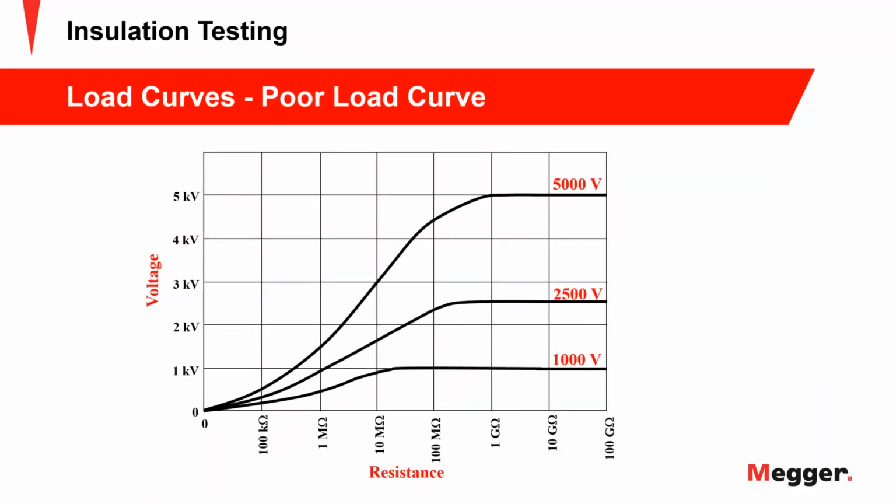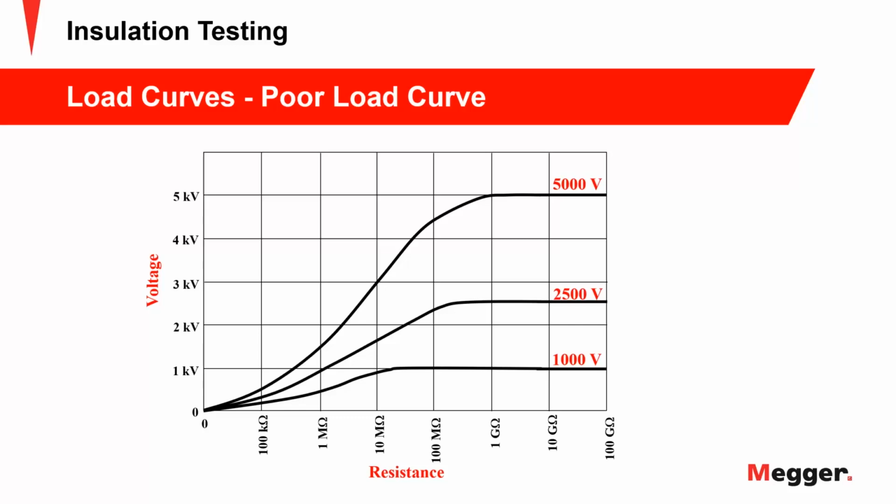This is poorly designed equipment where your voltage rise is not sharp. It's just a very slow voltage rise. So, okay, yeah, eventually it gets to 5,000 volts, so the manufacturer will say this is a 5 kV instrument. Yeah, fine, it is. It'll get there eventually. But with a slow voltage rise, note that it's not giving you the selected voltage over the low end of the scale, which is the most important range.